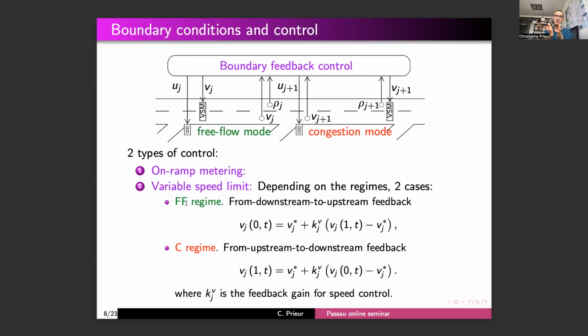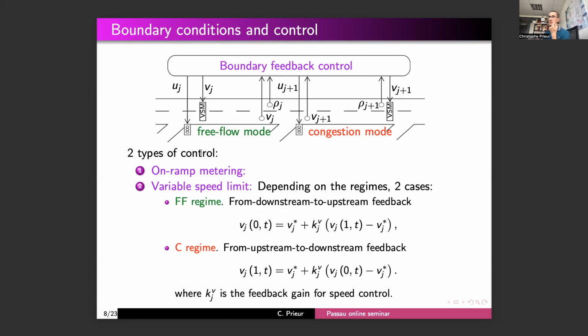So in that case, you need two boundary conditions at x equals 0. So this is why we have this kind of control, which is so-called from downstream to upstream. So you see, this is from downstream, which is the value of the velocity at x equals 1, and you feed back this value to the value of the velocity at the beginning.